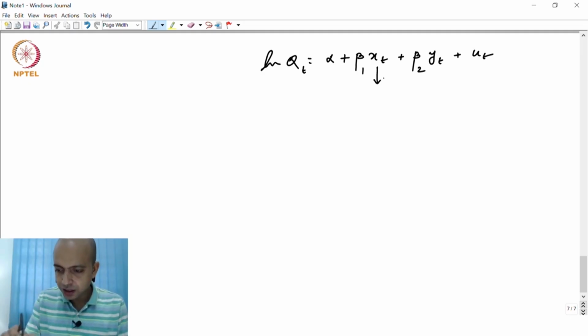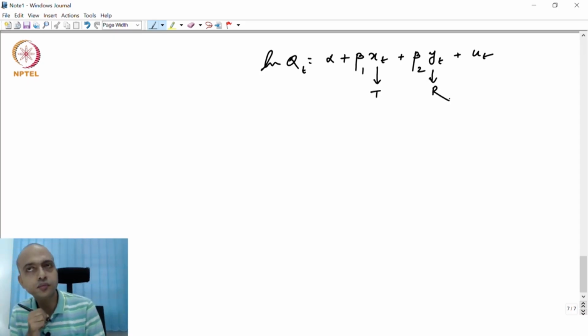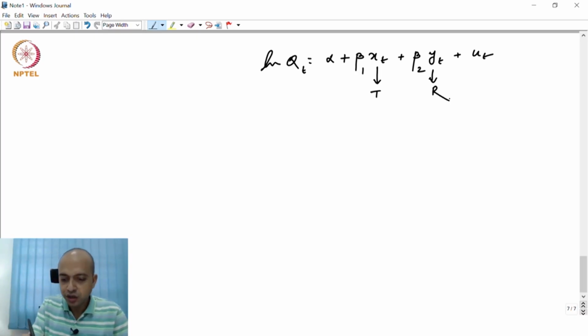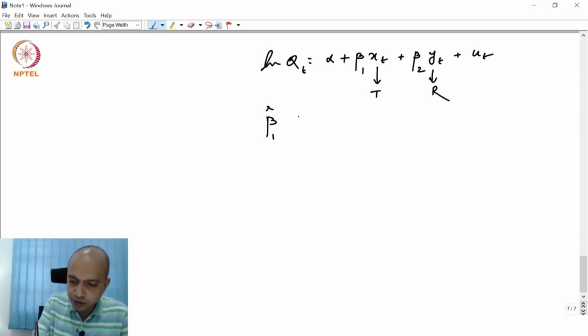This is Qt, production at the t-th period of time. This xt is for temperature and this yt is for rainfall. Okay, so once we estimate this model, we will get beta 1 hat and beta 2 hat.